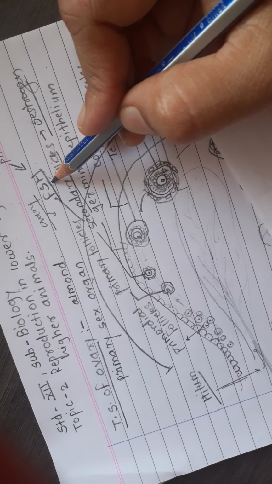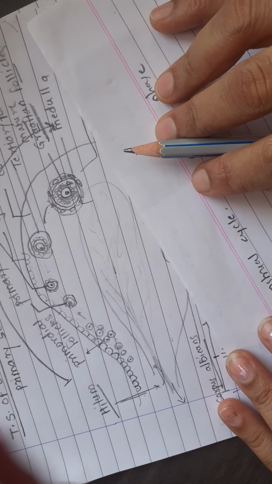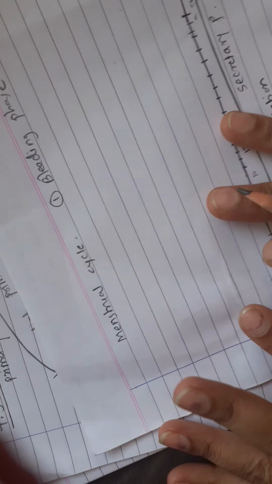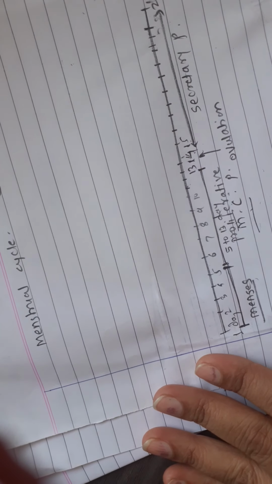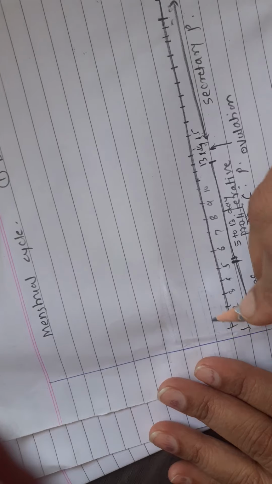Due to the secretion of estrogen by the developing follicles, the endometrium, the innermost layer of the uterus, also begins to regenerate under the influence of estrogen.